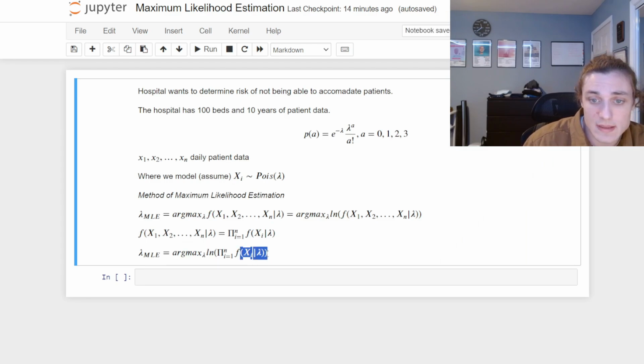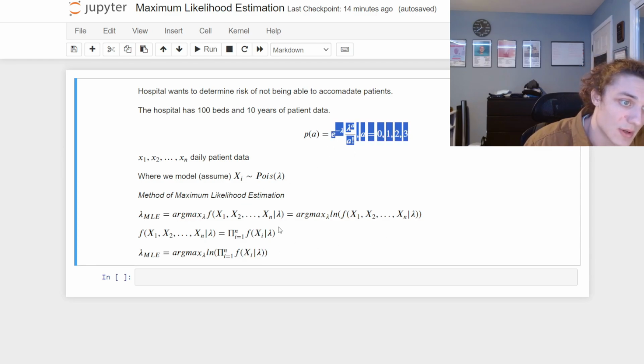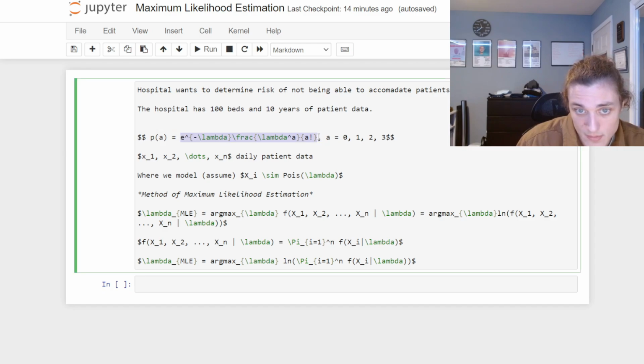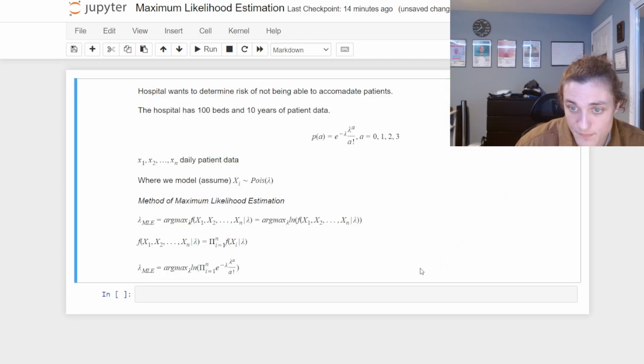Okay, so what is f of xi given lambda? Well, we have the probability mass function defined here, so let's just go ahead and plug that in. We know those are realizations, so they're going to fall within the domain of the probability mass function. So I'm just going to copy and paste this right here. Come down here, and then instead of this f of x given lambda, I'll throw this here.